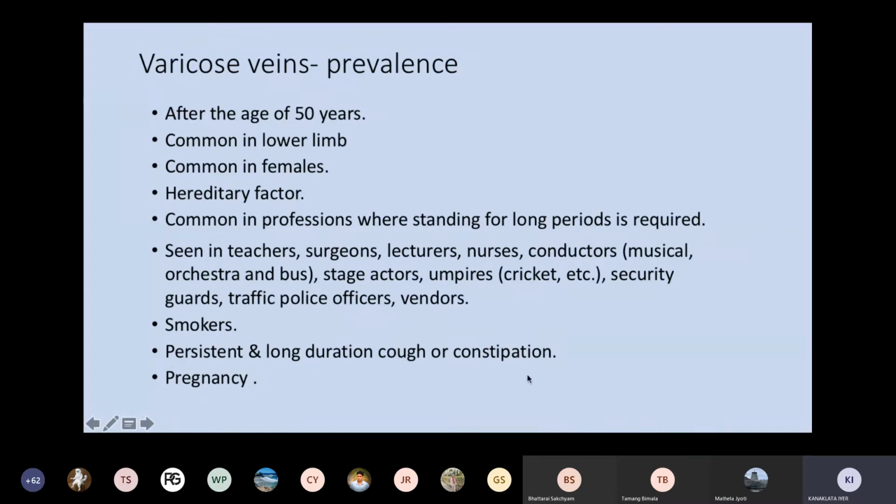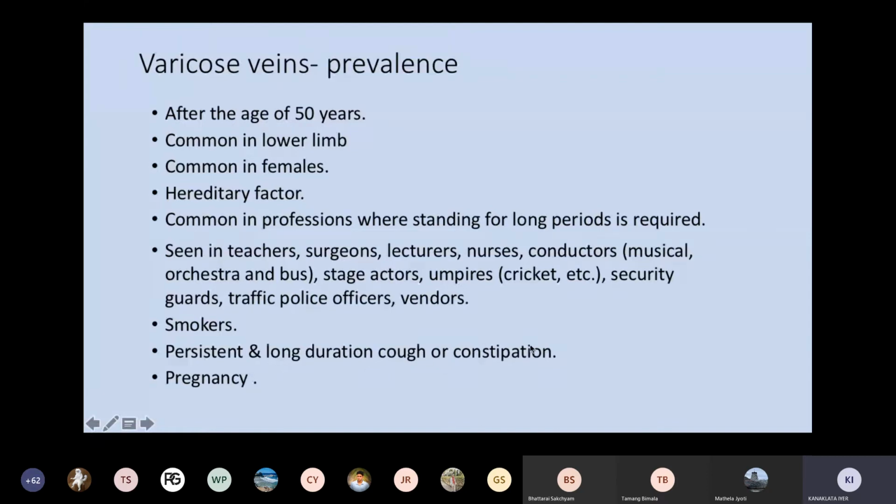Now these three tell you about the pressure which is in the abdomen. If there is a pregnancy, especially towards the further months, that is 6 to 9 months, it puts a lot of pressure on the abdominal contents and the pelvic contents, and that is why the veins can be compressed and the venous return is not as good, and that is why pregnancy can give rise to varicose veins.